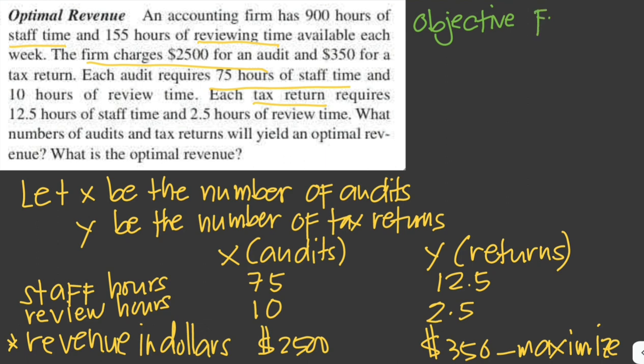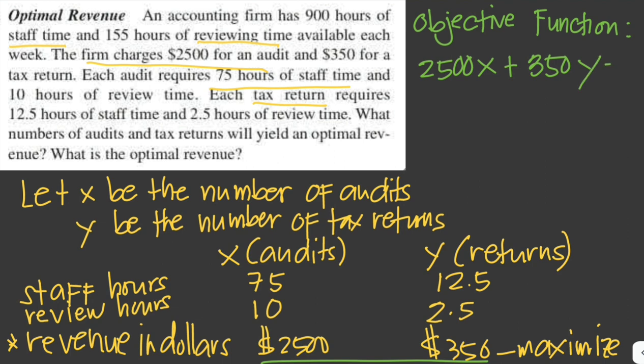So our objective function equation will be this one: $2,500 times X, because we don't know the number of audits, plus, let's just omit the dollar sign, 350 times Y equals Z. And then we can write our constraints from here.